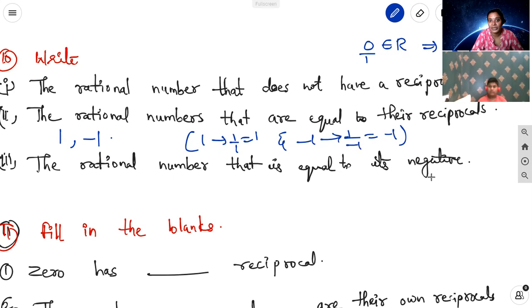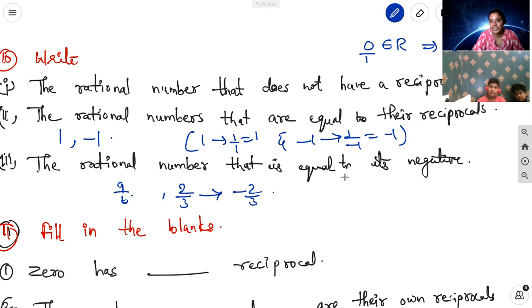The rational number that is equal to its negative. Suppose a by b is a rational number, suppose 2 by 3 is a rational number, that is equal to minus 2 by 3.